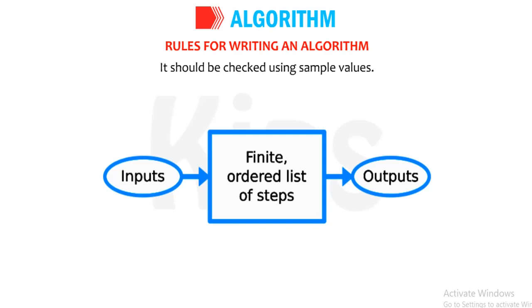Okay, whatever it is. So there will be an input. You give a sample input, a finite ordered list of steps, and you will get the output. It should be checked using sample values. We see this much in the first test, this much in the second test, this much in the half yearly, so that in the annual exam I get the result like this.